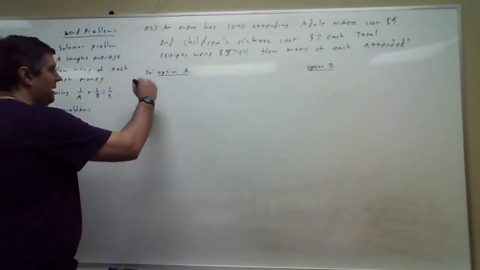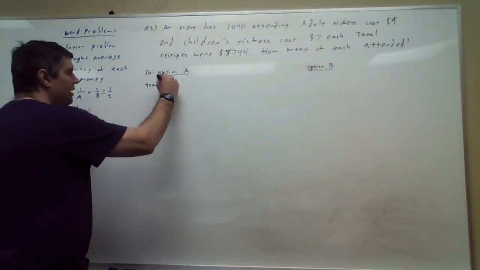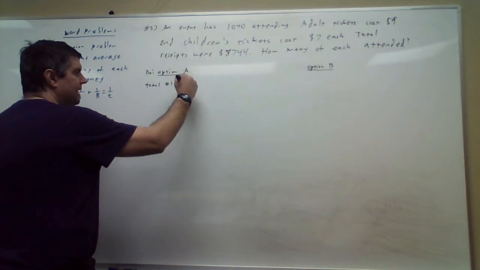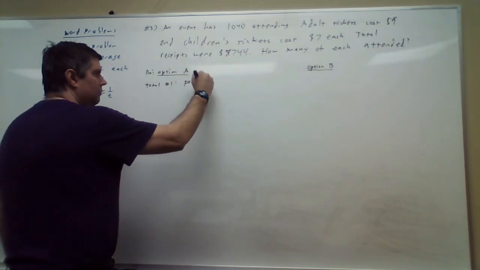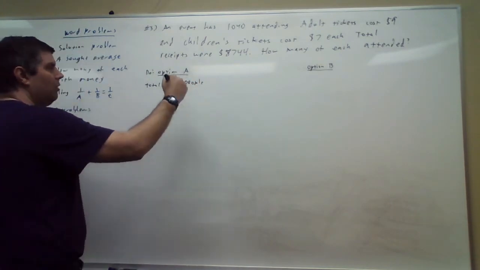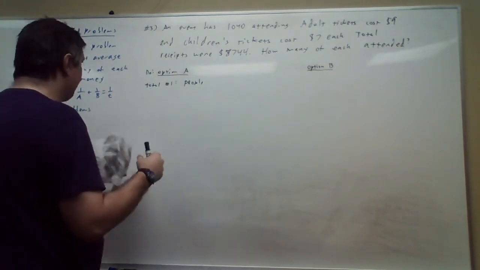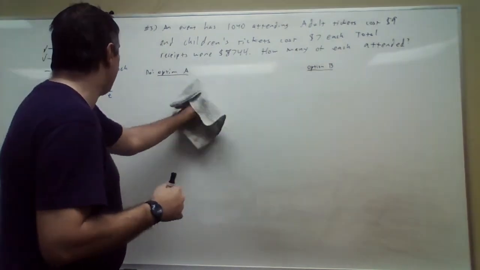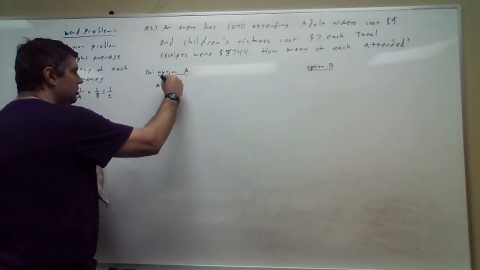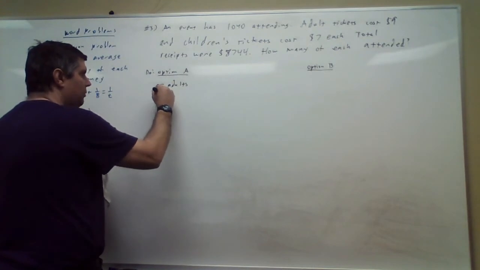Okay, so this is going to be a problem where we do total number 1, and that's going to be people. Actually, let me backtrack. We're going to name the names. A will be adults, C will be children.